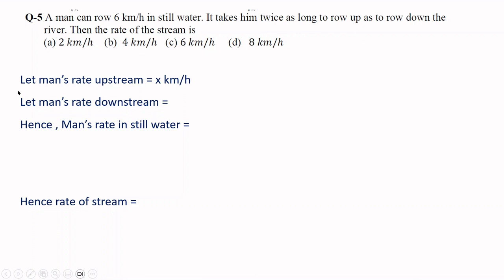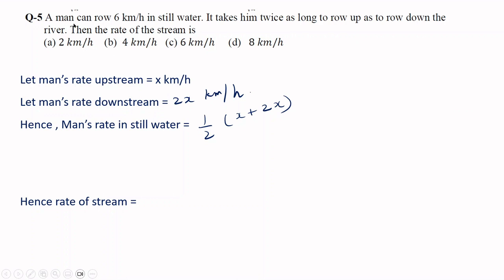So let the man's rate upstream be x km per hour. Since it takes him twice as long to row up as to row down, the man's rate downstream will be 2x km per hour. Using these two, the upstream speed and the downstream speed, we can find the speed of the man in still water as half of upstream speed plus downstream speed, x plus 2x.